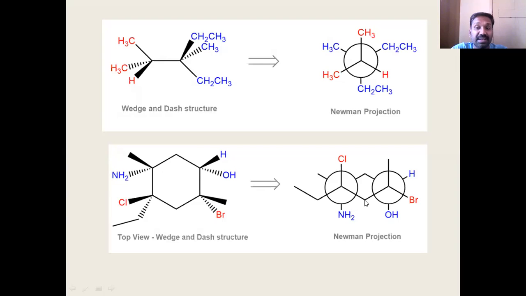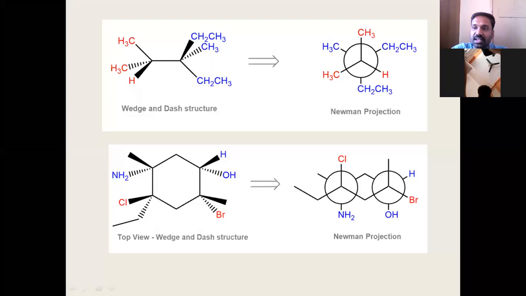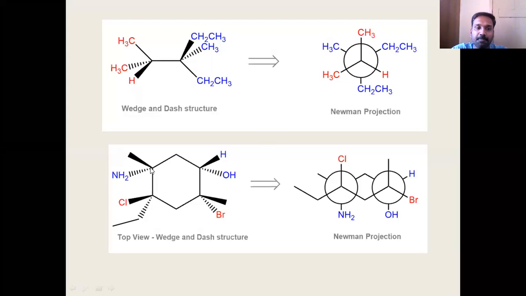Is it not? But now you can ask me a question. Why don't I write my NH2 here and a methyl here? If I interchange this, does the meaning change? Even again here, why don't I write H here and OH here? That is because the stereochemistry of that is fixed by the stereochemistry of the molecule itself.